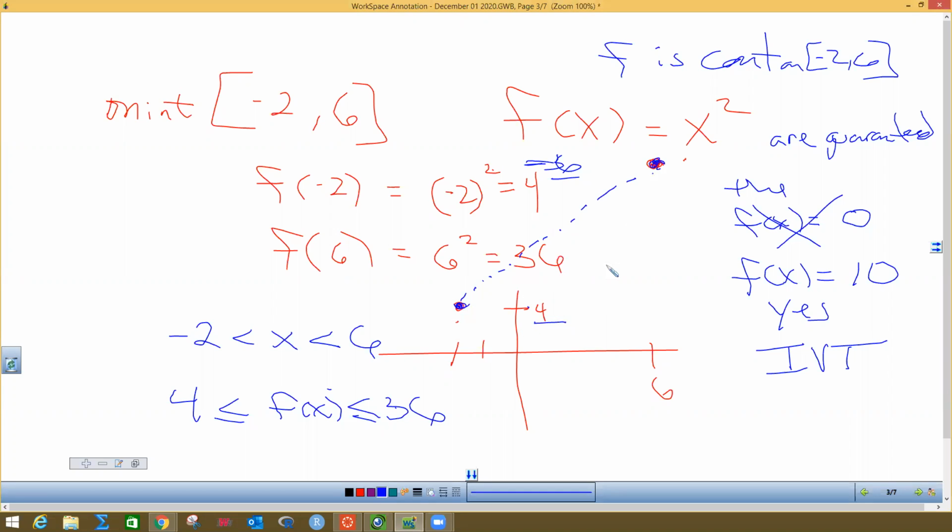That they all are represented. Every y value between 4 and 36 must be on the graph. In other words, every y from here to here must be hit between 4 and 36. That's what IVT tells us.